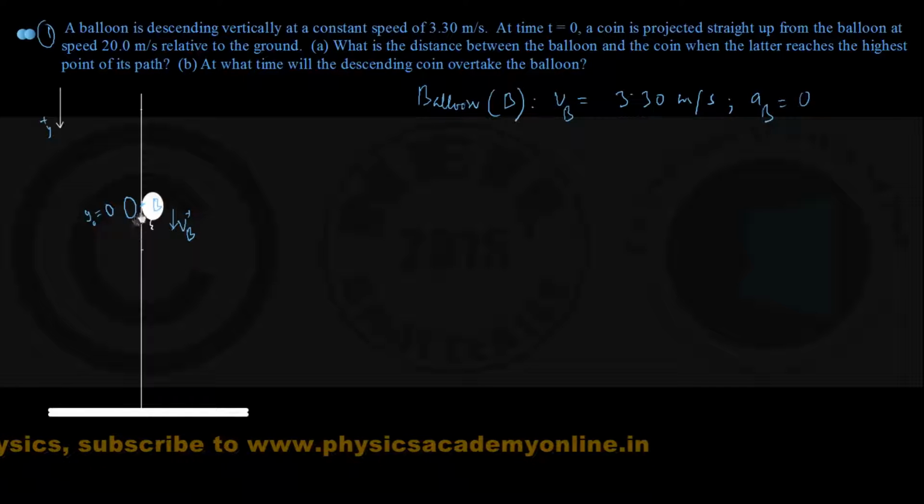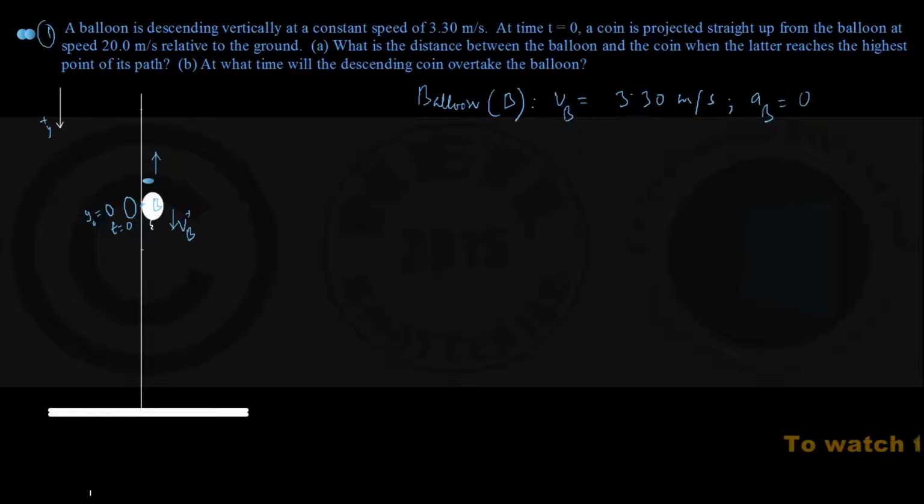And at this position, that is y0 equals 0, at time t equals 0, a coin is being tossed from the balloon in the upward direction, so that the coin's velocity with respect to this ground, that's important here. I have drawn this coordinate system of one axis attached to the ground. And with respect to the ground, velocity of the coin, symbol for coin is c and velocity vector is vc.